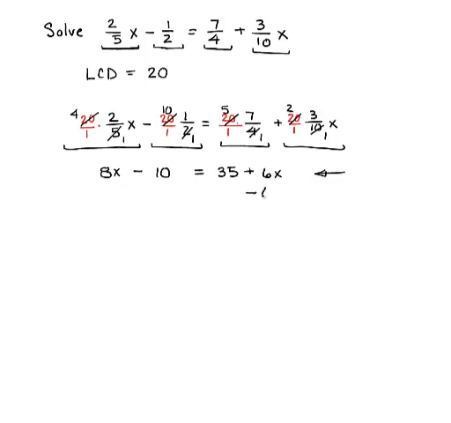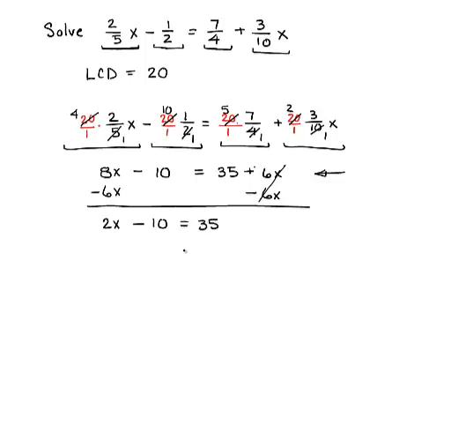So I'm going to subtract 6x, because I started off with a plus. And I'm going to put that underneath the 8x because those are like terms. So that makes my 6x's go away, and I simply have 8x minus 6x, and that's 2x. I still have my minus 10 equals 35.